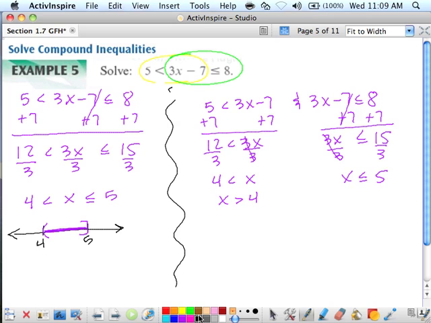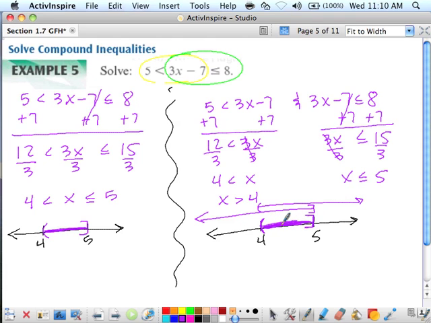Sometimes it helps to look at it on a graph this way when you've taken it apart like that. Mark 4, mark 5. We'll do parenthesis, greater than 4, bracket, less than or equal to 5, and then we can only keep where they overlap. That's what an and inequality has to do. They have to overlap. So the overlap occurs from here to here.